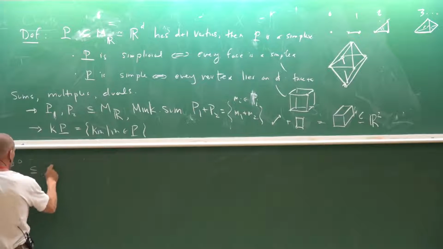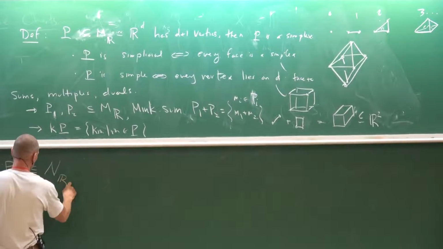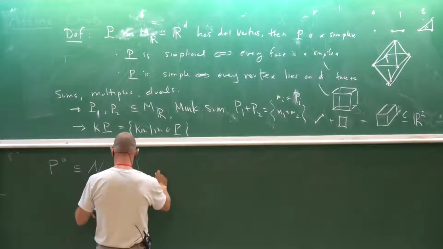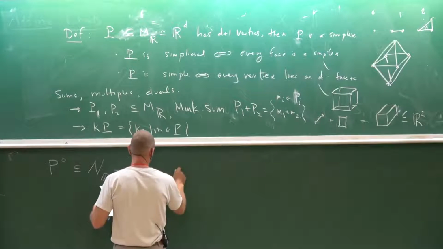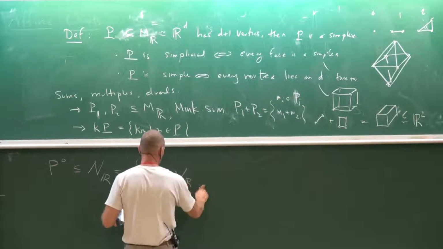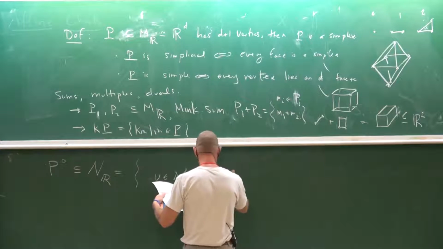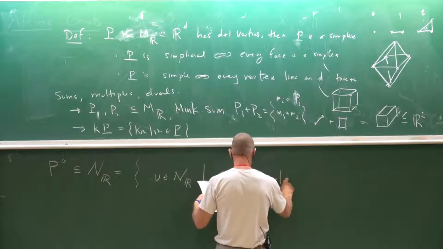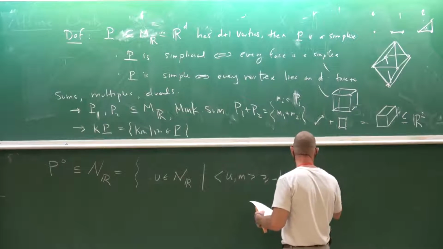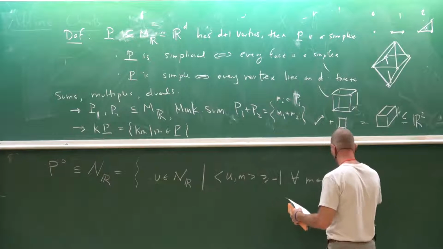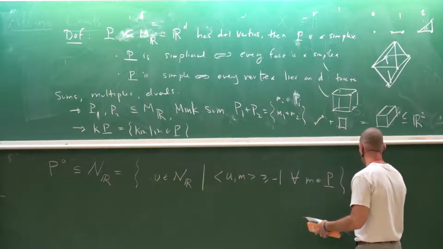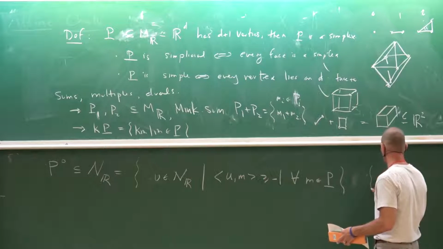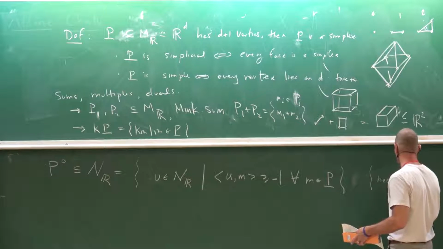This is a polytope in N, so this is in the dual, and it's the set of u in N sub R such that the inner product of u and m is greater than or equal to -1 for all m in P. And I'm going to assume this is contained in N_R. I said that already. And we need 0.